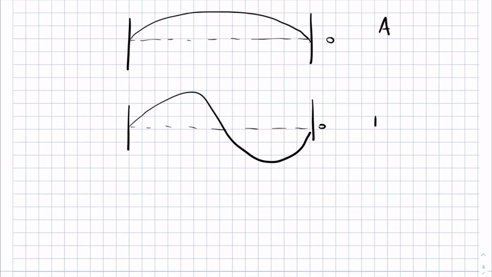Option A or option B? B, higher second derivative. And that means it has higher kinetic energy, and therefore it is the less stable of these two standing waves or wave functions.